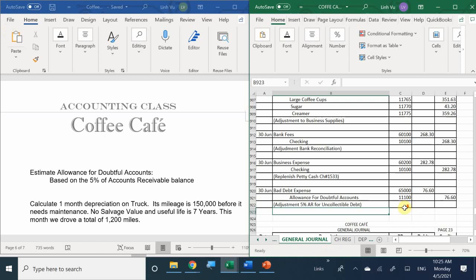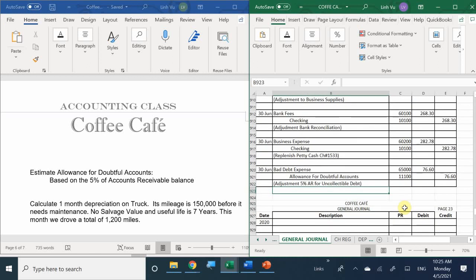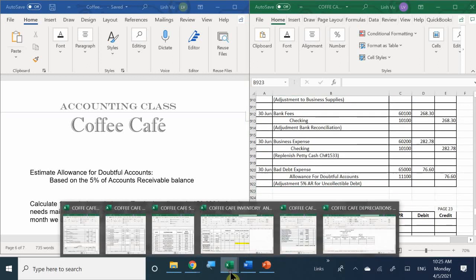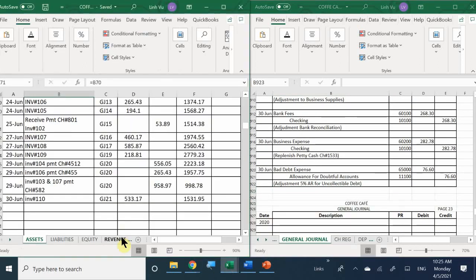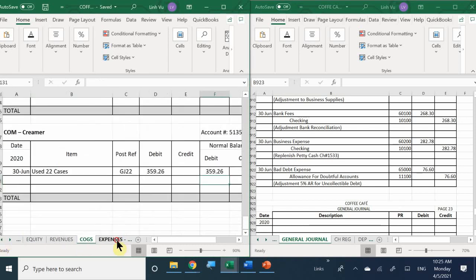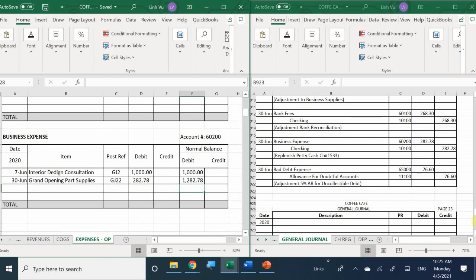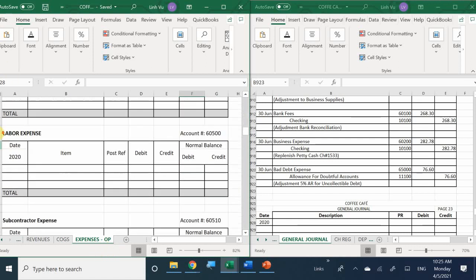So let's go ahead and enter this in our ledger. First one is going to be the bad debt expense account. So let me find that real quick. Here's my bad debt expense.